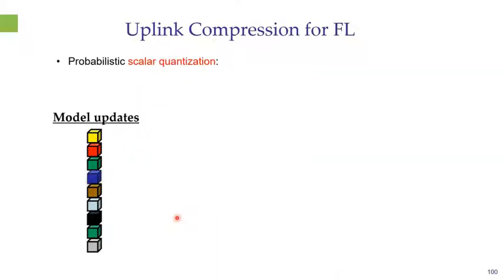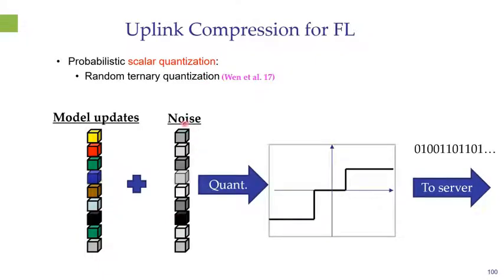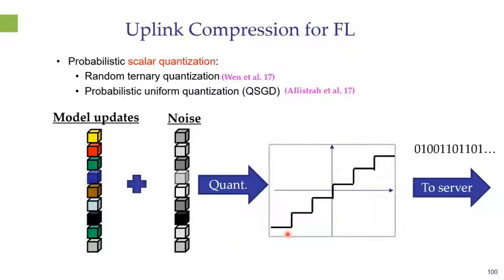Alternatively, the other family of approaches is based on probabilistic scalar quantization. Probabilistic scalar quantization means that we're taking the model updates and adding noise to each one of those updates, where the noise specifically depends on the scheme we're using, and then we're quantizing each one of those model updates. It can be using ternary quantization. It can be based on uniform quantization, which is what's called QSGD, which is arguably the leading approach for probabilistic scalar quantization in federated learning.